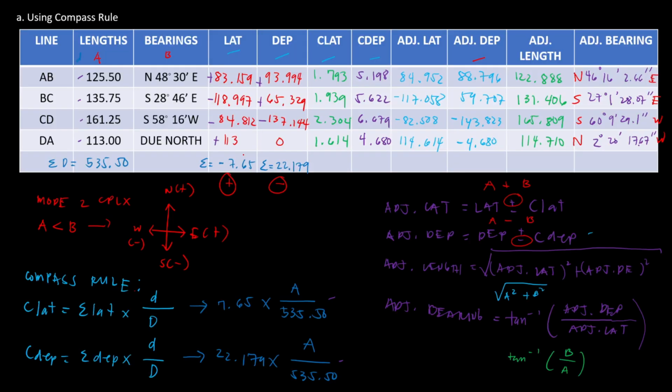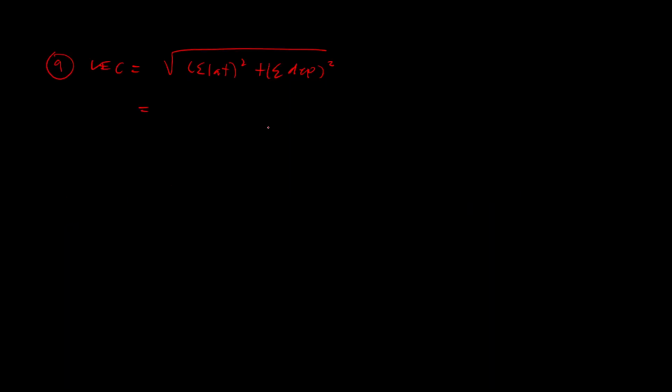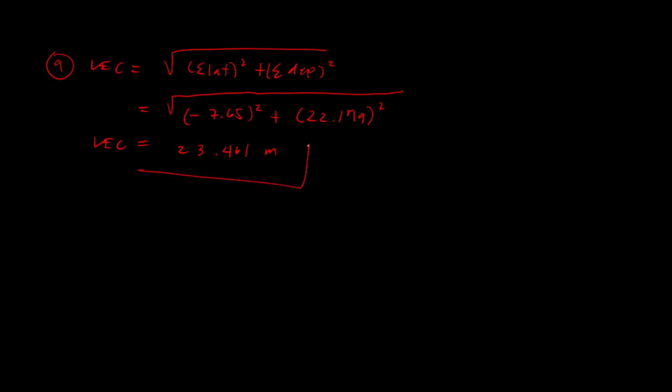That is negative 7.65 squared plus 22.179 squared. And then, square root natin. Compute yung error of closure natin, so that is 23.461 meter. Meter yung unit natin. Yan yung sagot natin for letter A.